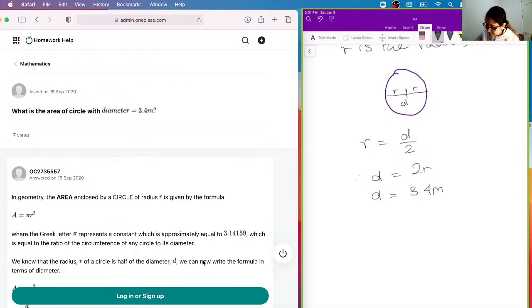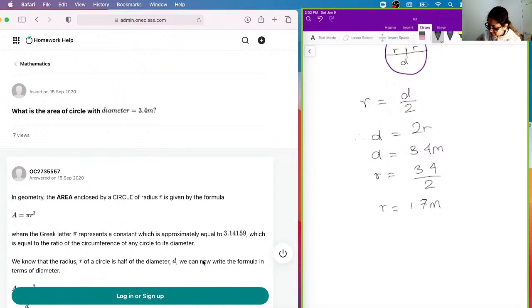And so the radius would be 3.4 divided by 2, which is r equal to 1.78 meters.